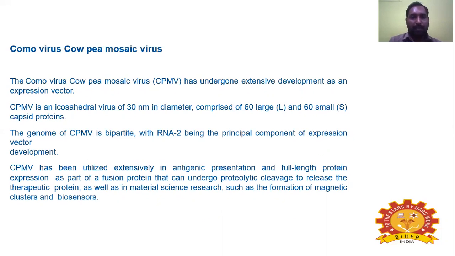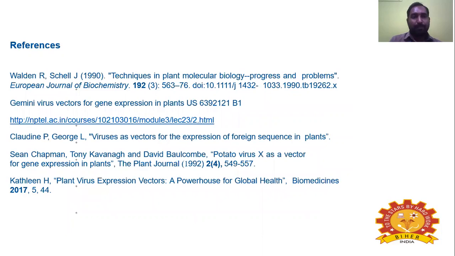We have RNA2, and there are also some important regions which can be used for antigenic presentation and full-length protein expression. This is very useful for fusion protein production and multimeric protein production.